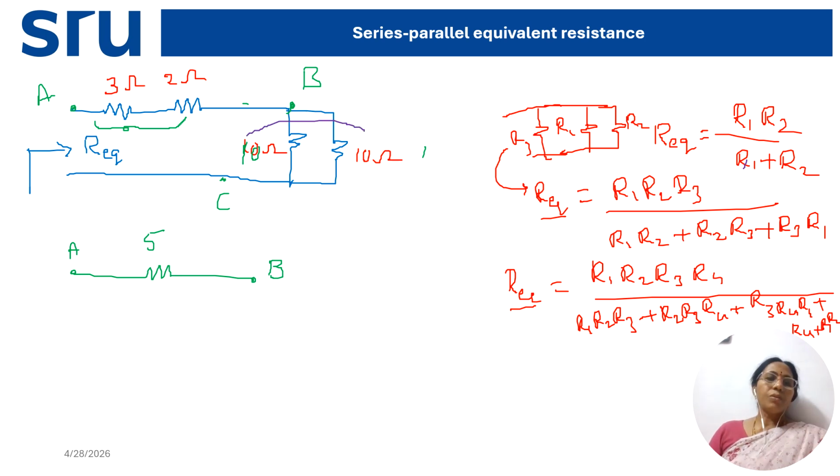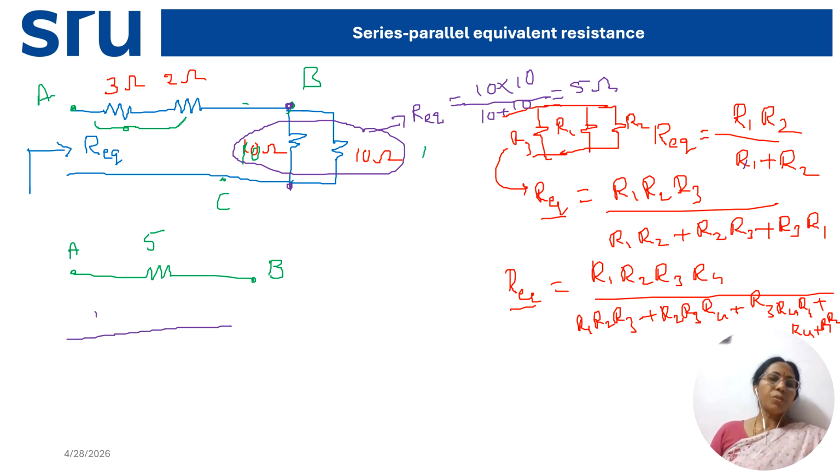When these two are connected in parallel, R equivalent is R1 R2 by R1 plus R2, means 10 into 10 by 10 plus 10. 100 divided by 20 is 5 ohm. Now, where should I connect this 5 ohm equivalent resistor? Across the B and C points. C point is here. In between B and C, the R equivalent is 5. So, after this, you have to draw the network like this.